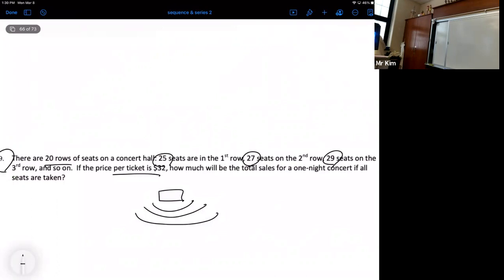There are 2 seats in addition every single time. That's correct. Well done. Yes. So what's the 32? Forget about 32 right now. Tell me how many seats there are in total. First, find out how many seats there are in total, and just multiply by 32.